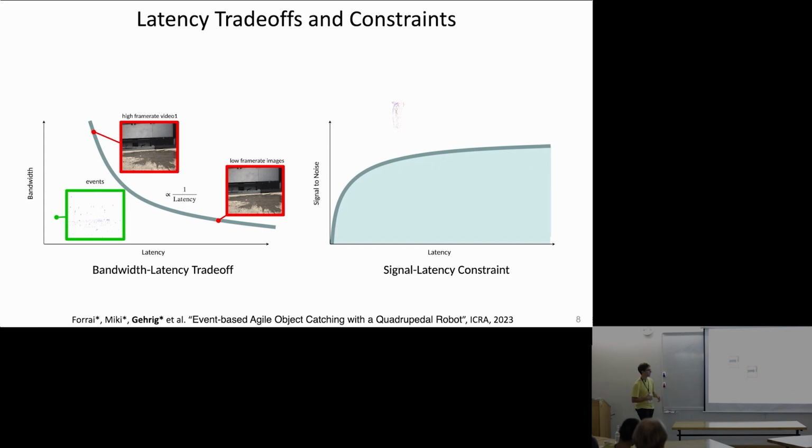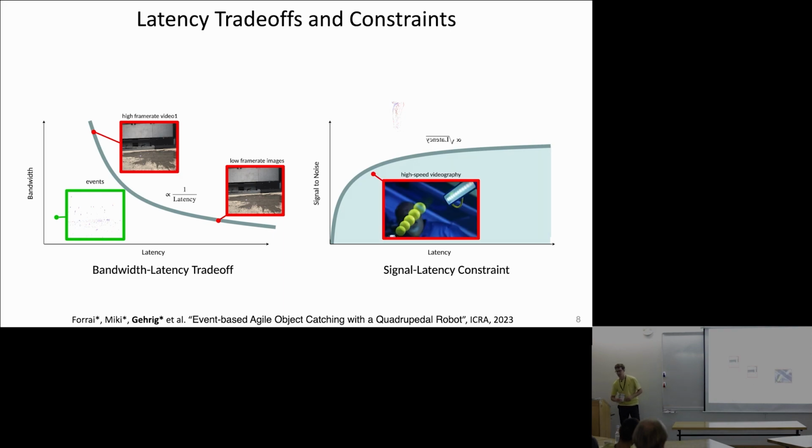And this means that for a given latency that you want to achieve, you can only achieve a certain signal-to-noise ratio, because we can only expose the image for a certain amount of time. For example, for high-speed photography, they often have to use external lighting to make it very bright. This is very power-consuming, and you also need active cooling to counteract the power dissipation. Here again, event cameras have a high signal-to-noise ratio, but they still have a low latency.